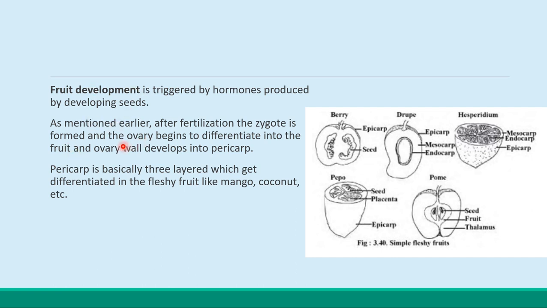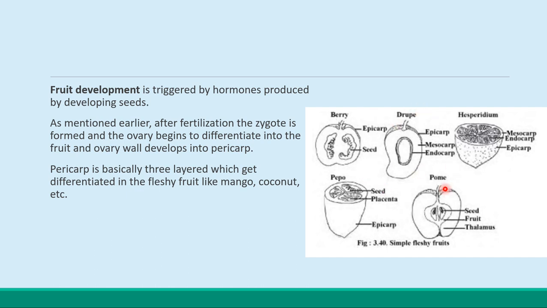Other than this, there are some false fruit also and some true fruits also. The fruits which develop from the ovary, that fruits are called the true fruits like the mango, orange. These are developed from the ovary. So that's why these are called the true fruits.